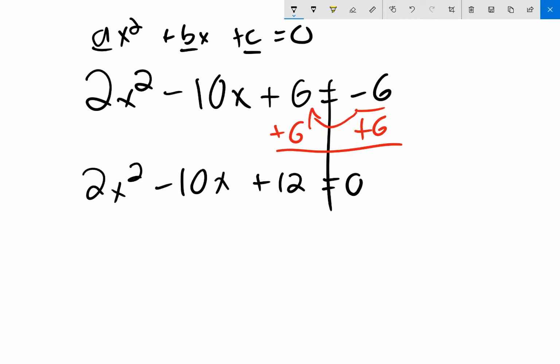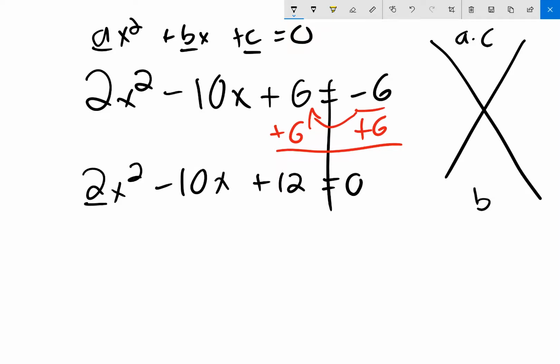So now I'm going to use that product and sum again. I got 3 terms here in my quadratic that I need to factor. I'm going to use my x thingy one more time to draw out my thinking. So remember, I need to know what a times c is, and I need to know what my b value is. So a in this case is 2, b is negative 10, and c is 12.